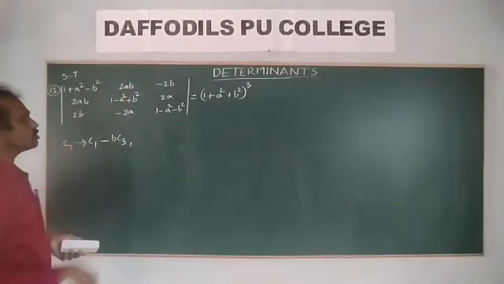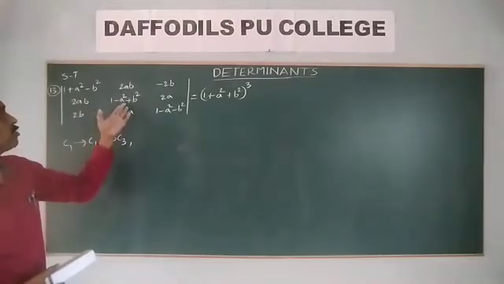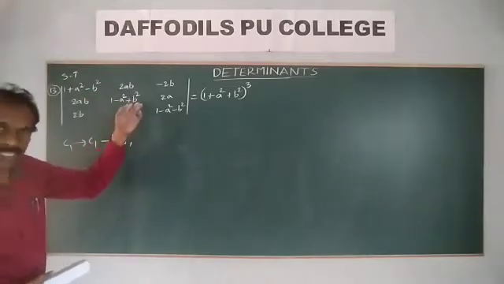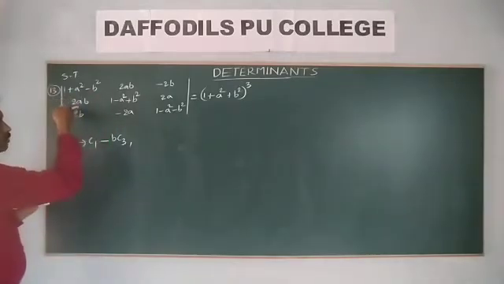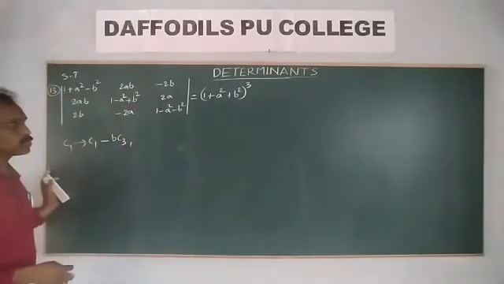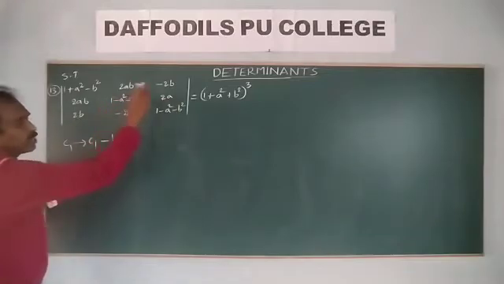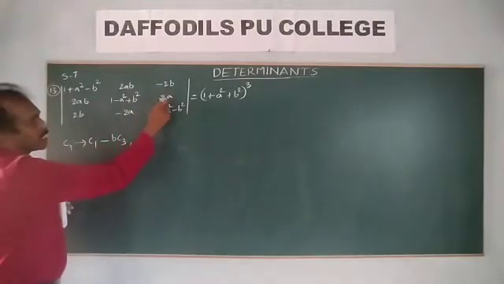One more operation we will get directly. Consider the second column: 1 minus a square plus b square. 1 plus b square is there, but here is minus a square. With respect to either C1 or C3 it is possible; the corresponding element is the second element, 2a.